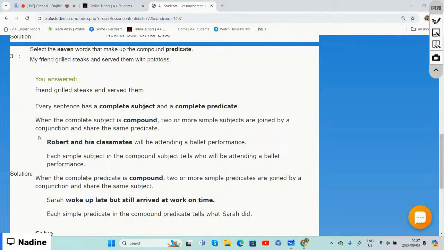All right. So we see that when it comes to simple subject and predicate, of course, each sentence has a complete subject and a complete predicate.